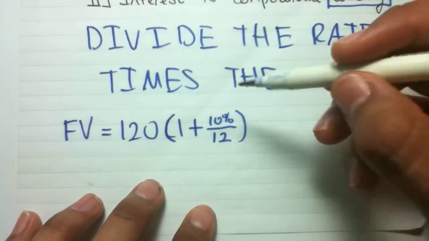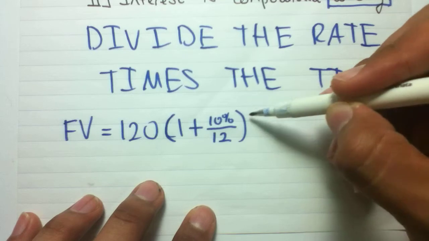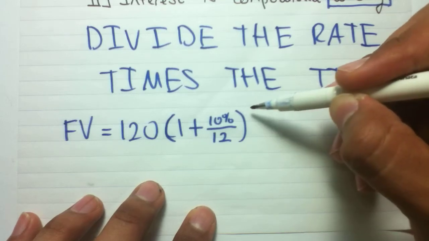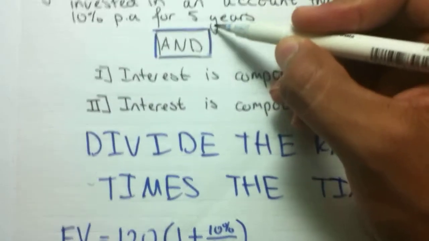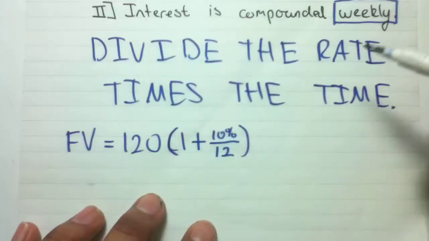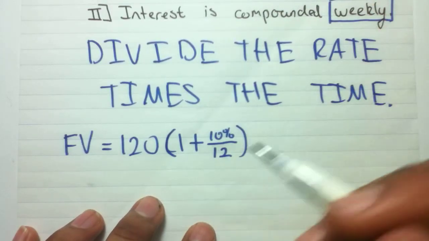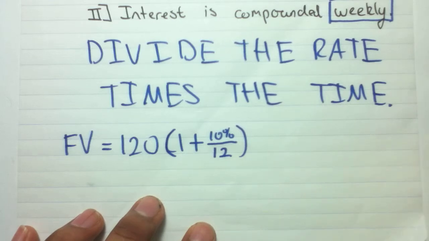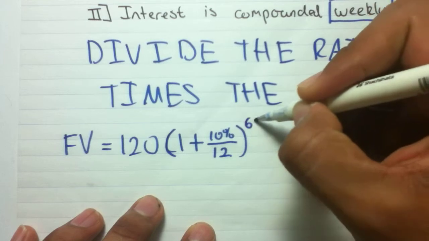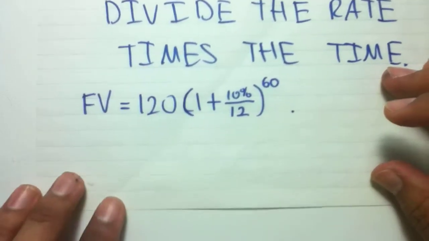And in the same way, the time is meant to go in this particular space. If it was compounded yearly, the time would be 5. However, it's being compounded monthly, so the time becomes 5 times 12, which is 60. Sorry for that error.